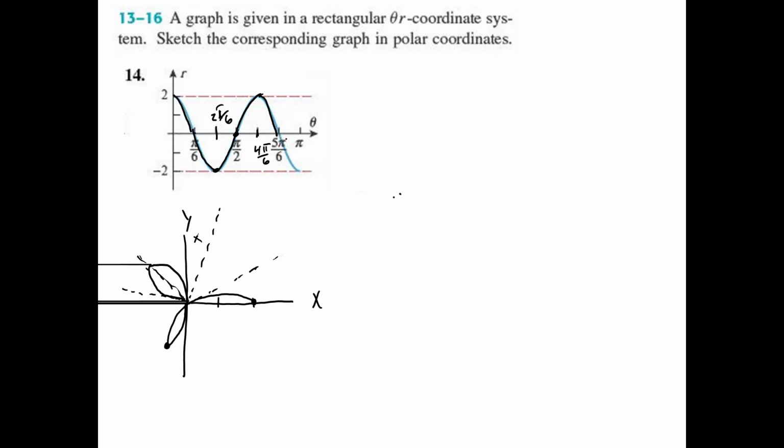And then from 5 pi over 6 to pi, these angles right here, your R value is negative, and so you are not in that quadrant, you're over here, and you're closing up the loop because at pi, you're exactly at -2, so you're connecting over here to this point. And so that last loop was what was going on here.